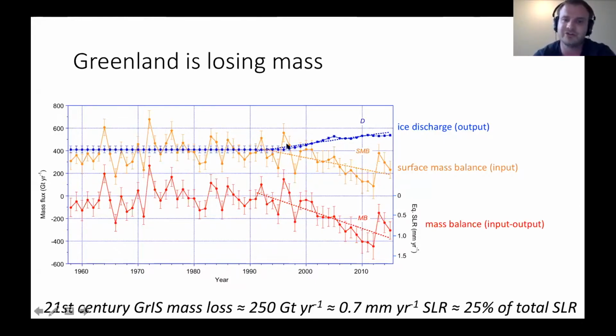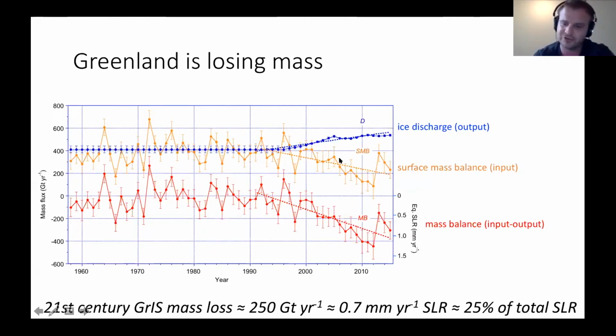And also the recent change in mass balance, the red line here, is governed by a decrease in surface mass balance. So there is less mass input onto the Greenland ice sheet. And if you put this in numbers, more than 60% of this change in mass balance can be explained by the surface mass balance.